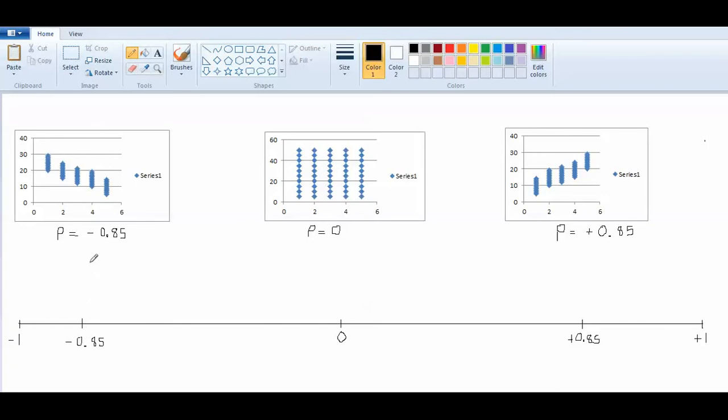So we're imagining that this is a helicopter that's hovering above its correlation coefficient down here. Here we have another helicopter. This population is a helicopter that's hovering above its correlation of 0. And this population is a helicopter that's hovering above its correlation of positive 0.85.